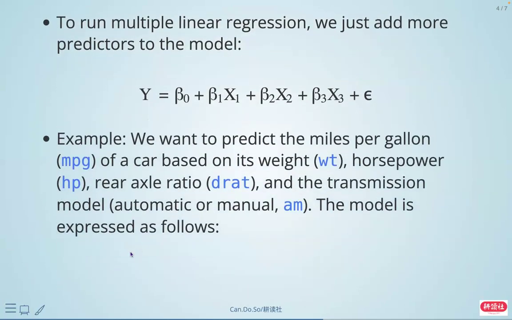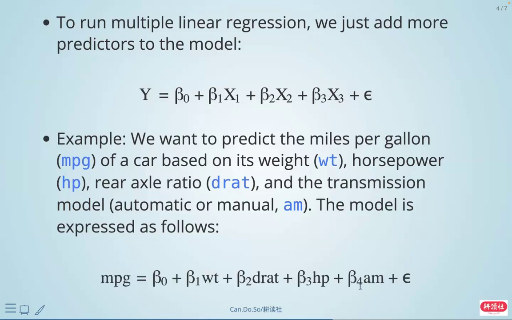For example, we also use miles per gallon, which may be based on weight, horsepower, the rear axle ratio, and the transmission model, automatic or manual. So the model is expressed as follows. Here we have 4 predictors.